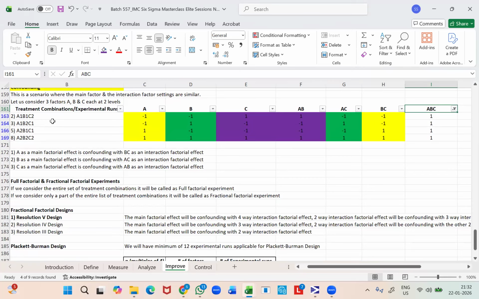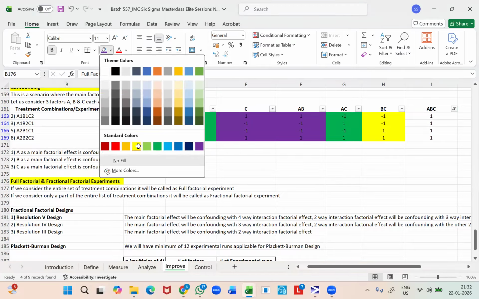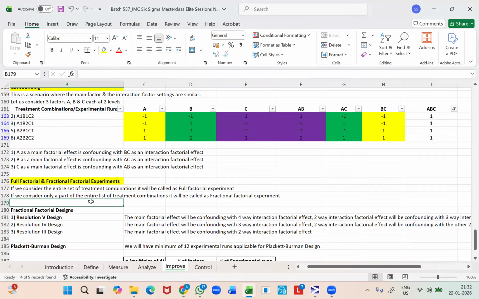Since we have started looking at fractional factorial experiments, we need to know the difference between full factorial and fractional factorial experiments, right? A full factorial experiment is where we would be considering the entire set of treatment combinations applicable for a given scenario.